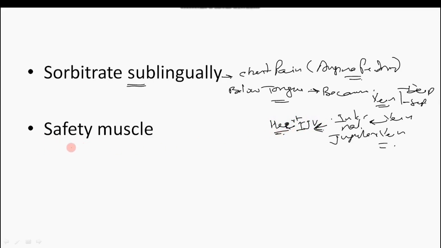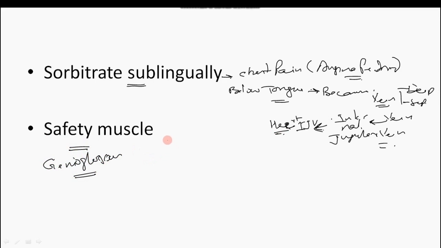The last is the safety muscle. This safety muscle of the tongue, I've already explained to you, is the genioglossus.